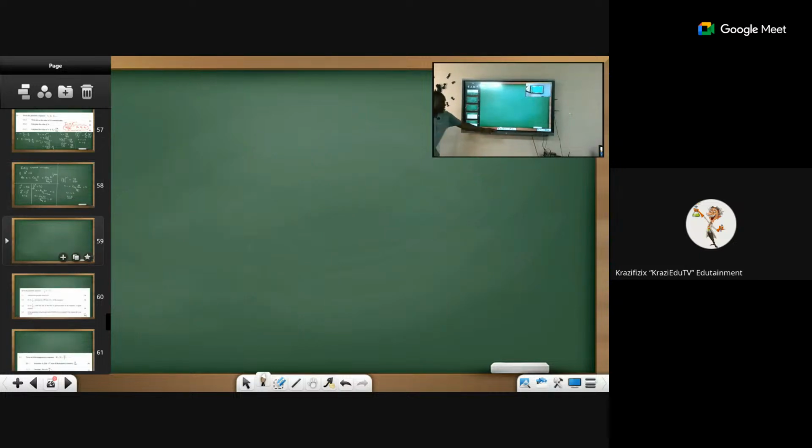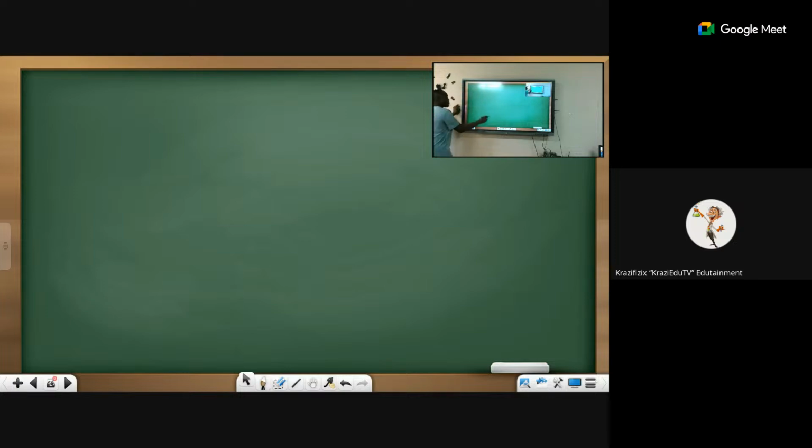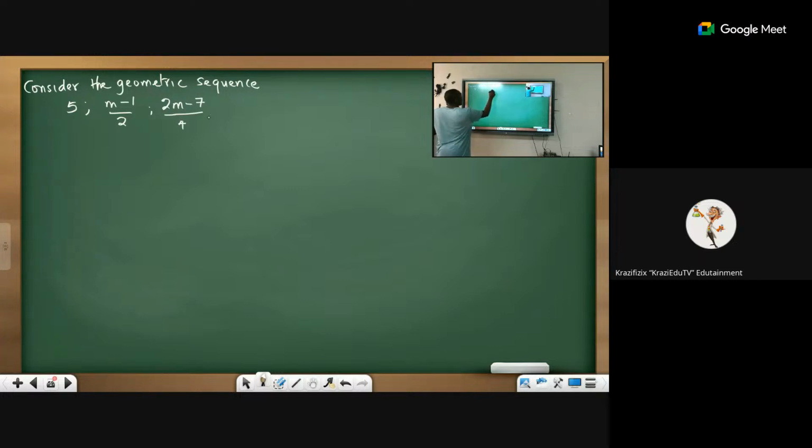look at this. I'm going to write this question. Consider the geometric sequence 5, m minus 1 over 2, 2m minus 7 over 4, 1.